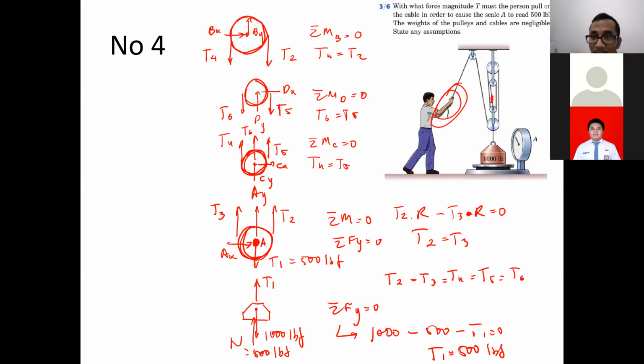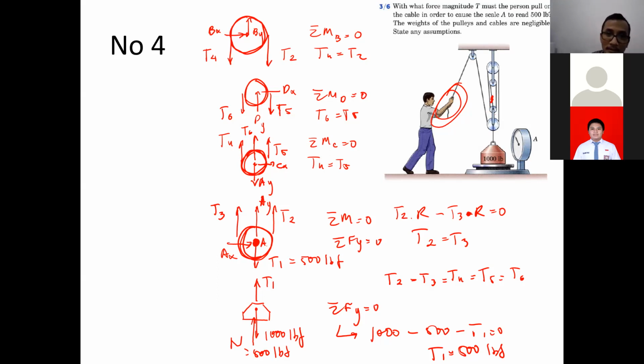So we have T6 over there. And remember, Cy here is actually connected to the Ay here. So that one is not supposed to be Cy, this one is Ay going down. This one is Ay as well.